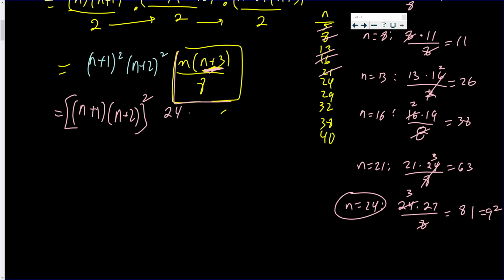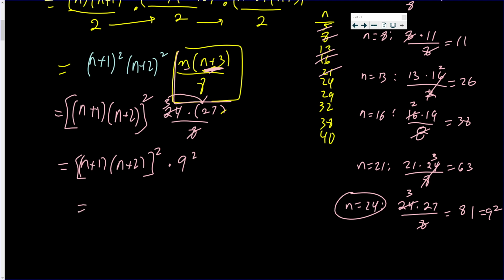So you'll have 24, n is 24, times 27 over 8. 8 goes in here 3 times, and you'll have n plus 1 times n plus 2, all squared, times 3 times 27, which is 9 squared.